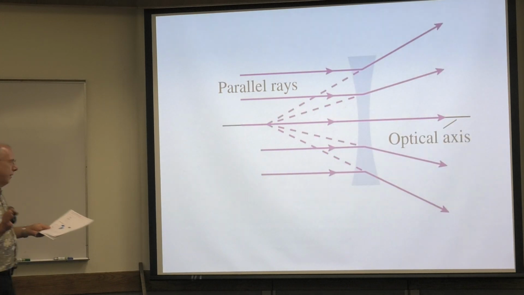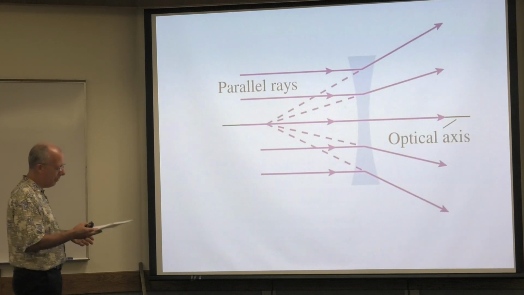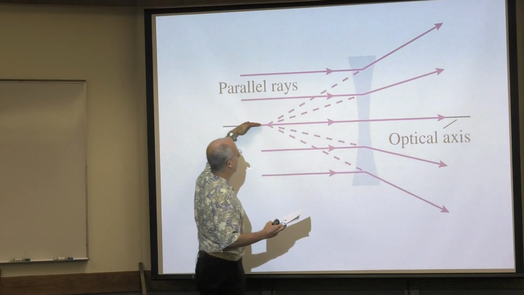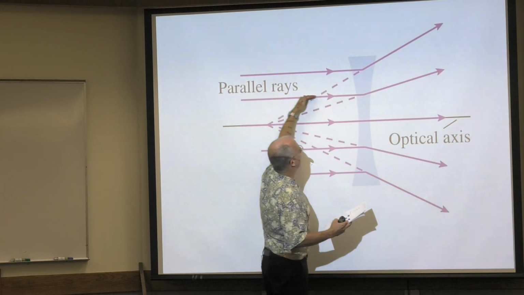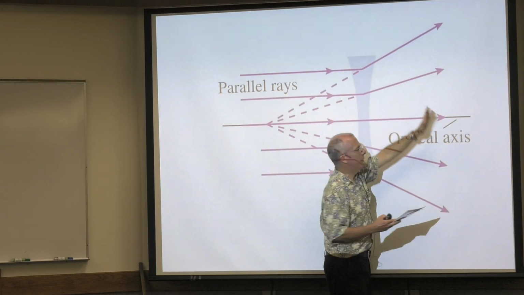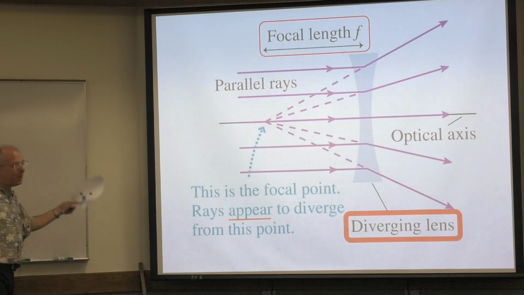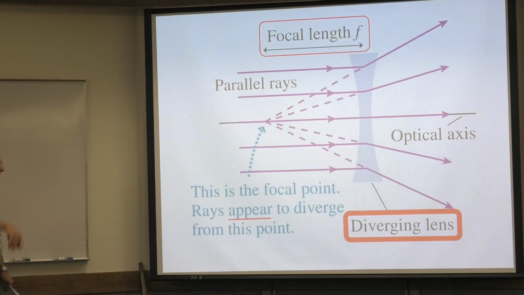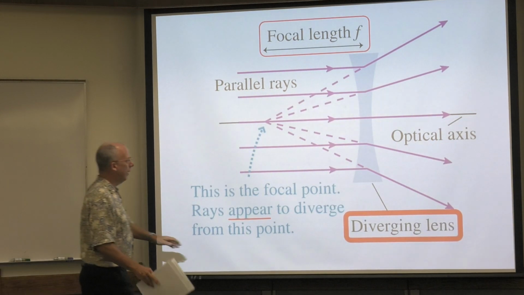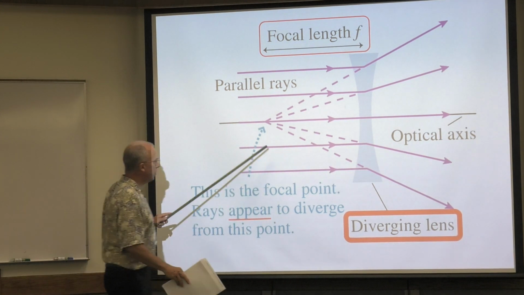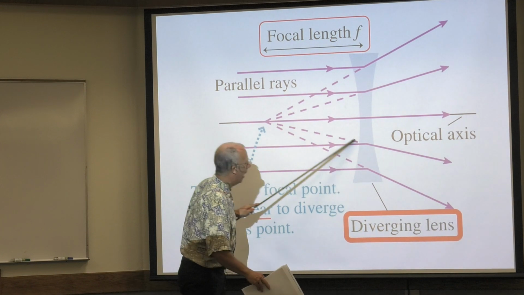Okay, here, perfect example. What kind of lens is that? So now, you have the light coming in, and it doesn't converge, it diverges. It goes away. So we're going to call that a diverging lens. And there's other names for it, but whatever. And again, here's the important thing. These are the outgoing rays.